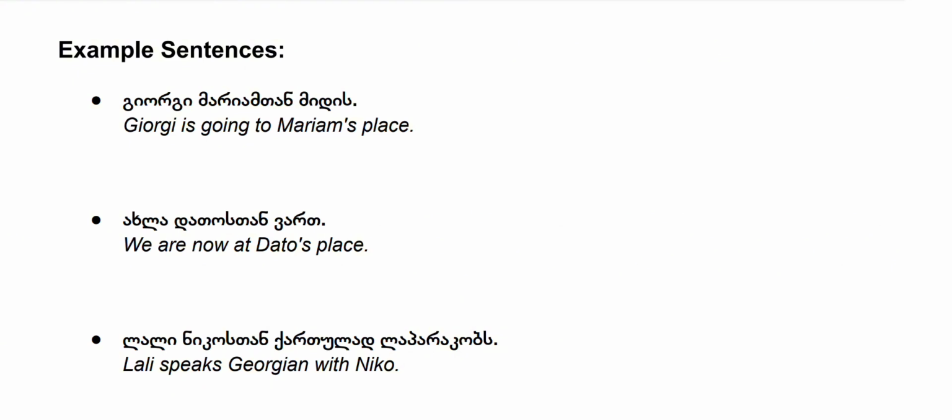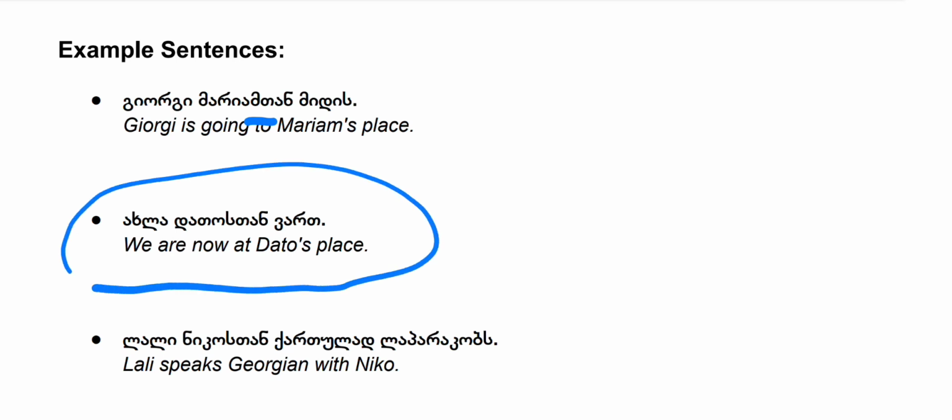Mariami is the person. Mariamtan, it's Mariam's place. And if in English it would be to someone's place, in Georgian you don't have to add these things. Ahla Datostan vart. We are now at Dato's place. Dato is the person. Datostan means at Dato's place.